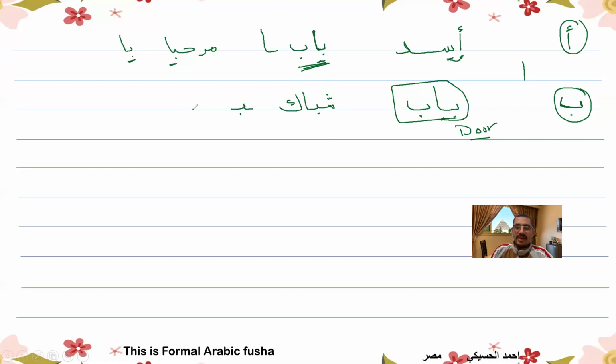And in the end of the word, as maktab. Maktab means desk. مكتب. The Ba is written as you see here, as Ba joined before it. So this is Ba in the final of the word.